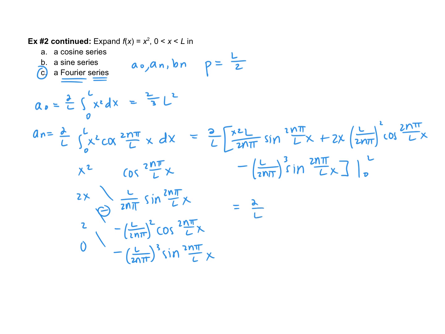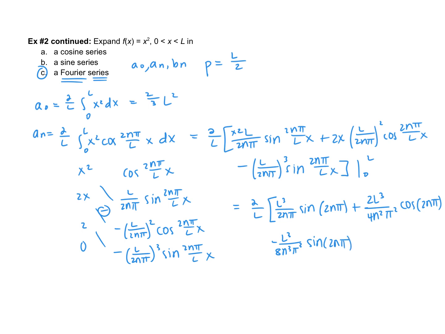Okay, so now when we plug in that L, I'm going to end up with L cubed over 2n pi sine of 2n pi, add 2L cubed over 4n squared pi squared, cosine of 2n pi, subtract L cubed over 8n cubed pi cubed, sine of 2n pi.